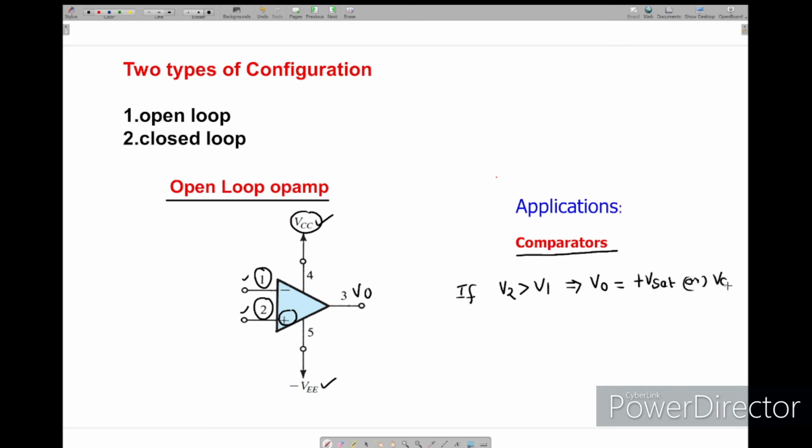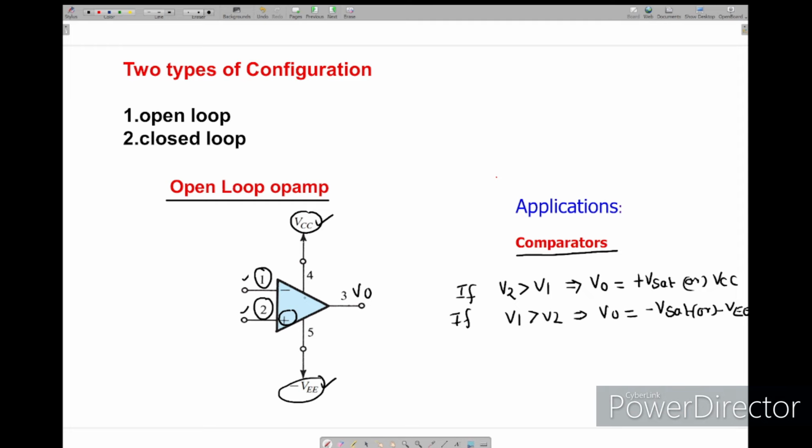If V1 is greater than V2, the voltage at the inverting terminal greater than the voltage at the non-inverting terminal, then the output V0 is minus V saturation, or as per the diagram it is minus VEE. So in open loop configuration, the voltage at one terminal is compared with the other terminal and the output varies accordingly.